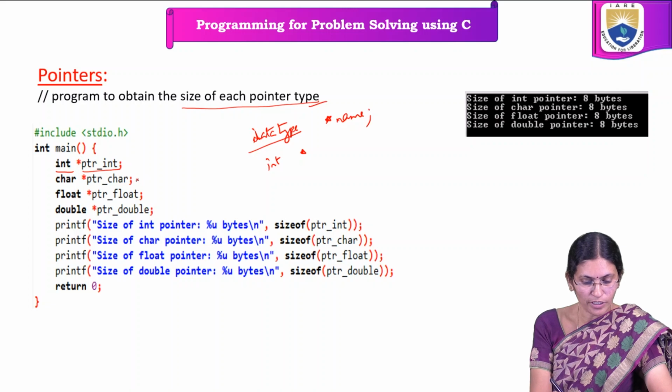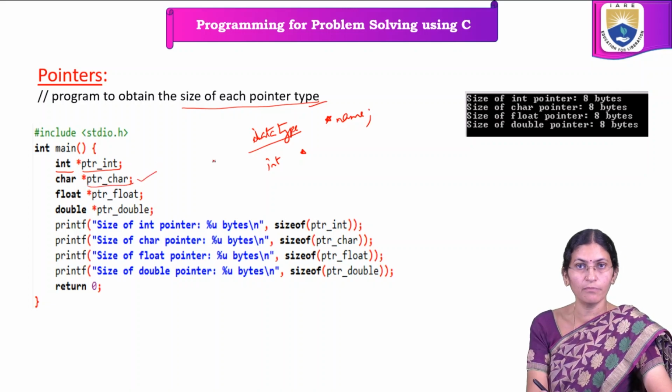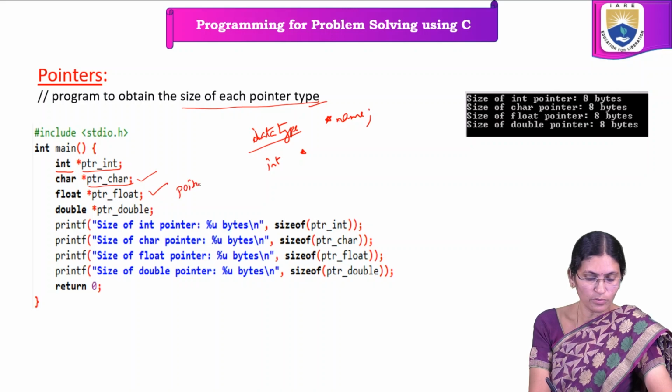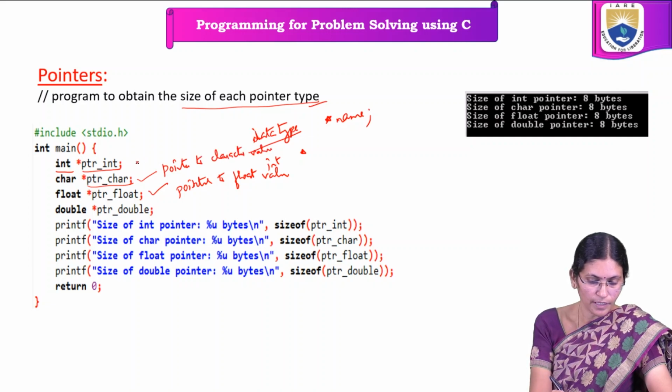We are declaring a pointer to a character type. This is a pointer name. And here we are declaring a pointer to a float value. And this one is a pointer to a character value.